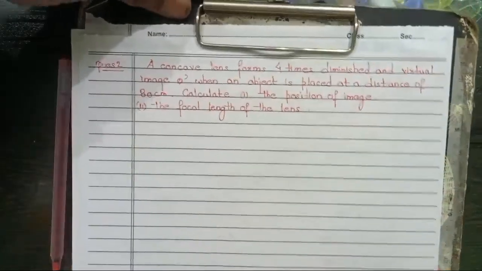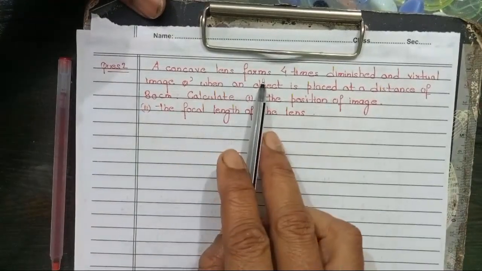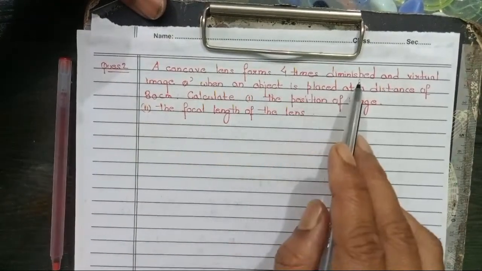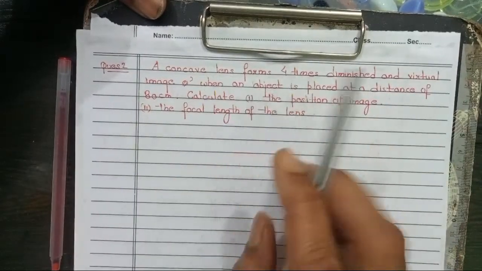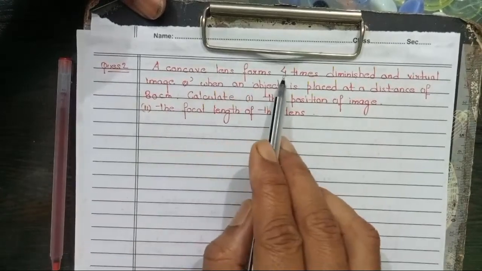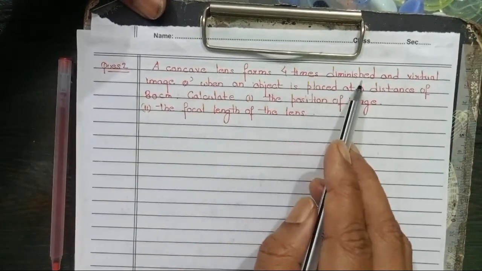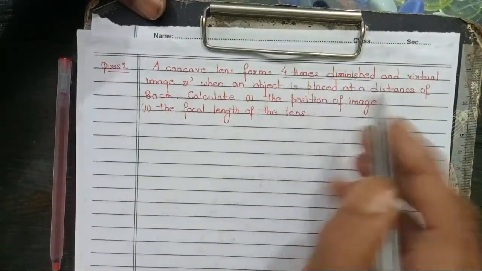Now in the next question we have a concave lens which forms a 4 times diminished and virtual image. Now see this one. It's a concave lens which is forming a 4 times diminished image.